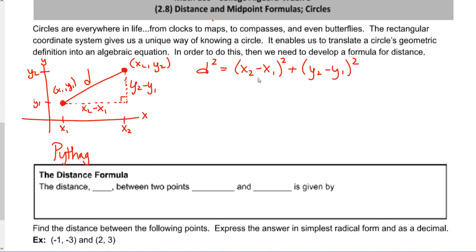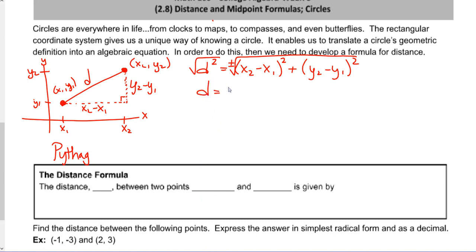So this is my a squared plus b squared equals c squared. Okay? All right. Now, I do not want d squared. What I want to do is to find the distance, d. So when I square root both sides, don't forget when we did that, we did a little plus or minus over here on this side.